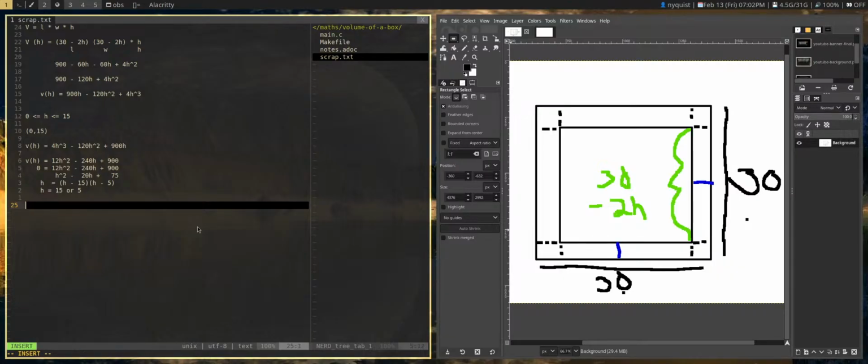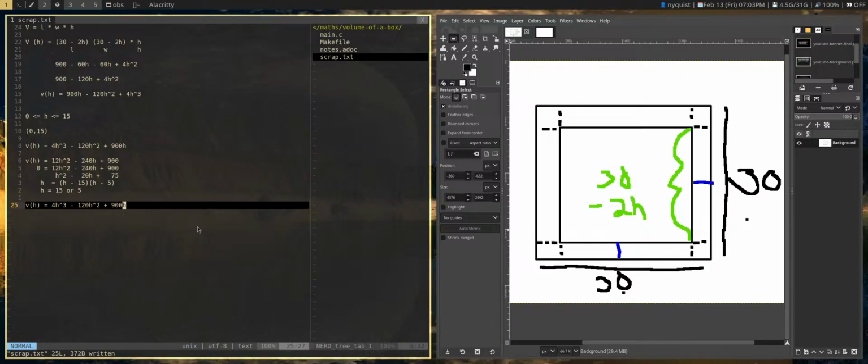So we're going to plug this into our volume function, v of h equals 4h to the power of 3 minus 120h to the power of 2 plus 900h.